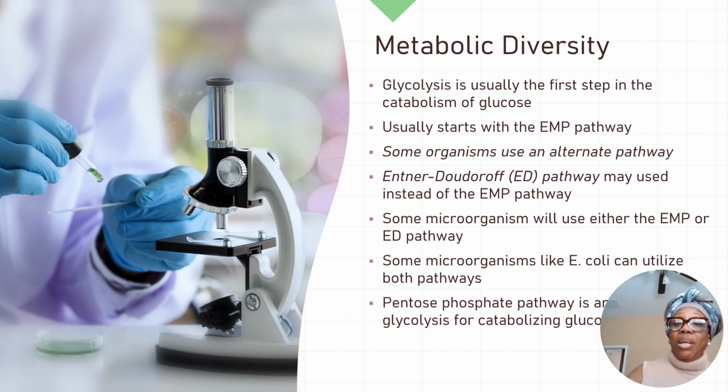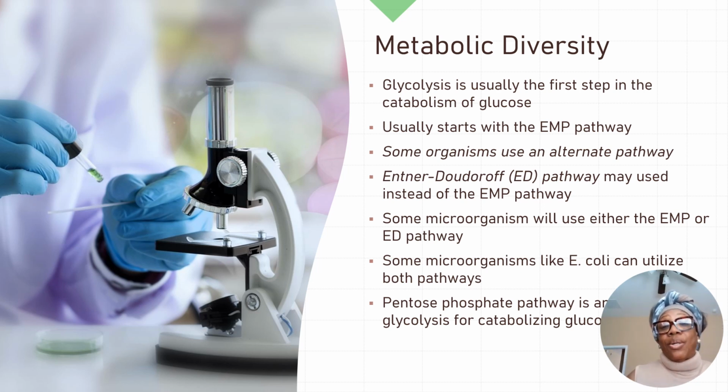They'll either use the EMP pathway or they'll use the ED pathway to enter into glycolysis to break down sugars. But you've got some microorganisms, for instance, like E. coli, they can actually use both of those pathways simultaneously. And not many organisms can do that, but there are a few. There's also a totally different pathway from EMP or ED, because again, we're talking about those pathways being precursors to glycolysis.